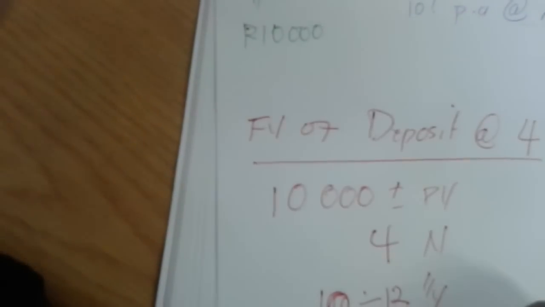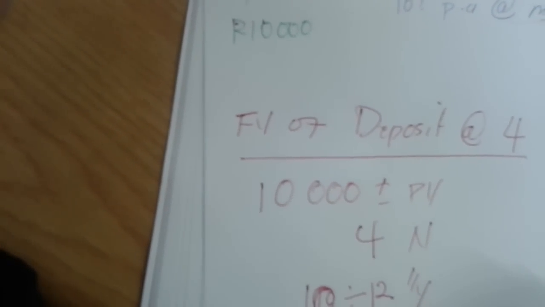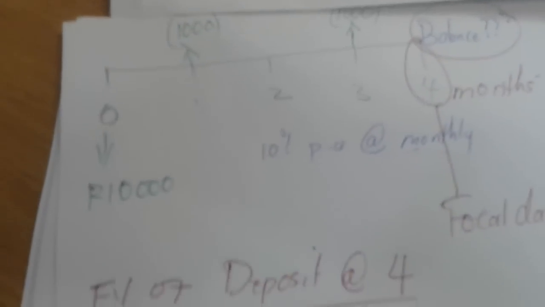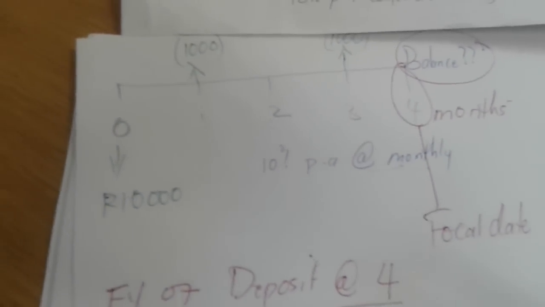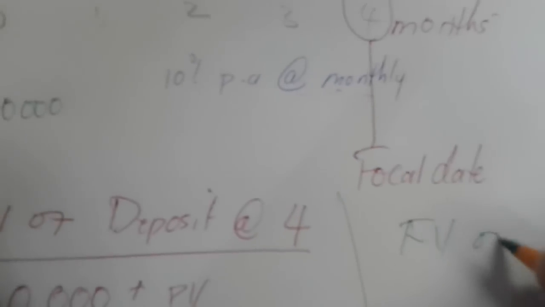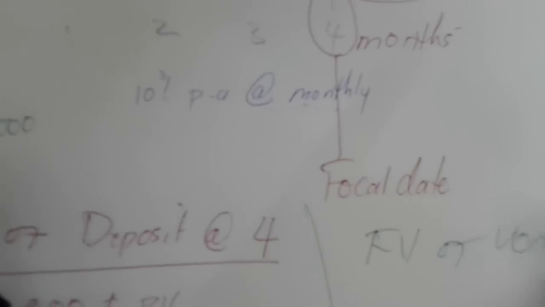So this gives you 10,337.52. So it means this amount at the end of month 4 is worth 10,337.